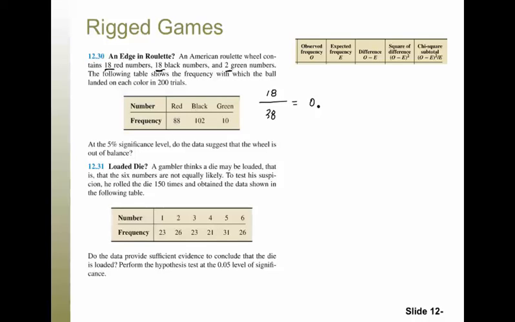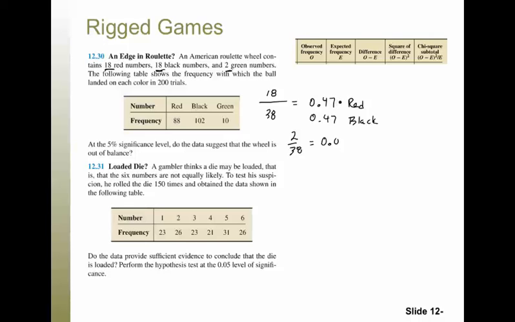Okay, so 0.47 we would expect for red, and same for black. And then this is our expected relative frequencies. And then for green, it'd be 2 over 38. What's that? 0.05. Okay, so we need another decimal place. What was the 18 over 38?